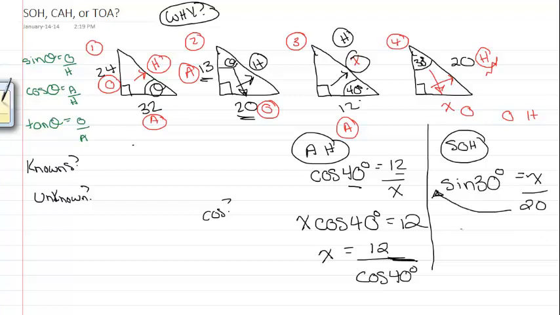This 20 comes over here, becomes 20 times the sine of 30 degrees. That's your final answer.